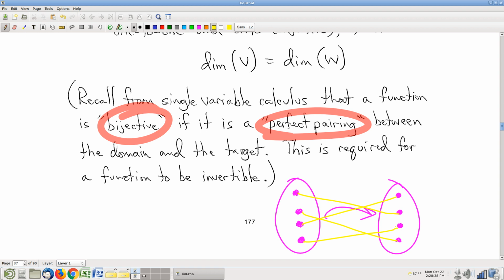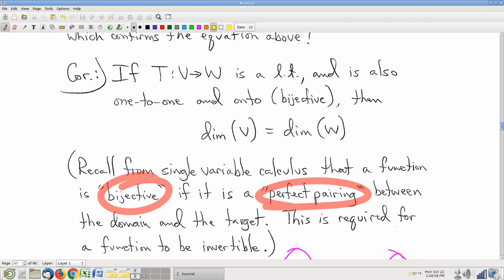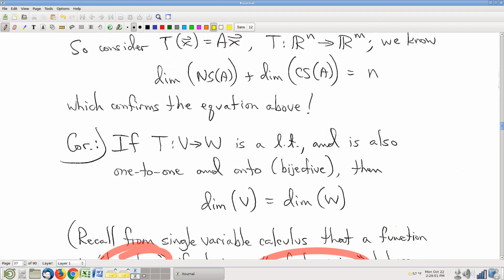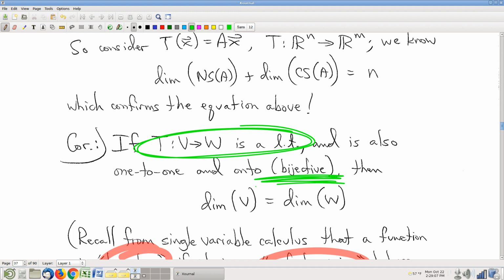So perfect pairing. This is what I want to communicate, right? A function that is bijective is a perfect pairing where for every output there's exactly one corresponding input. Everybody's got a buddy. Okay. All right. So what this theorem says is that if you have a linear transformation that is bijective, everybody's got a buddy.